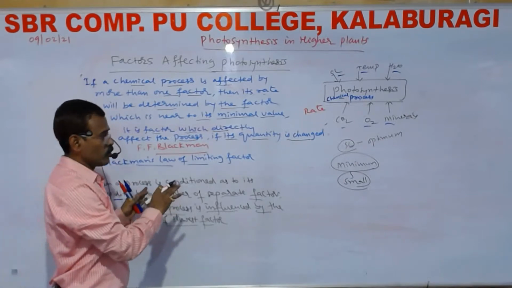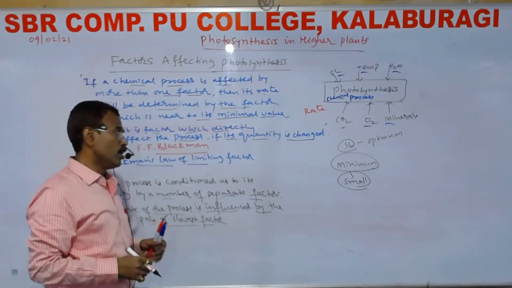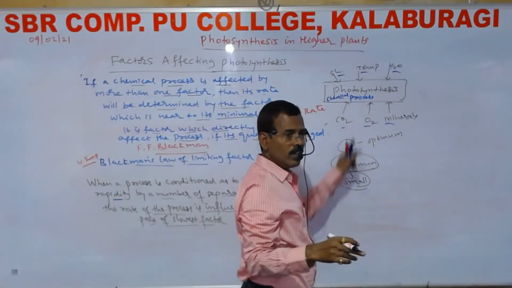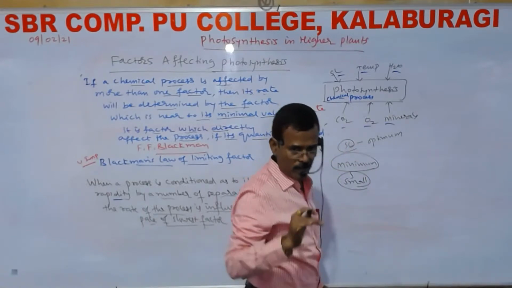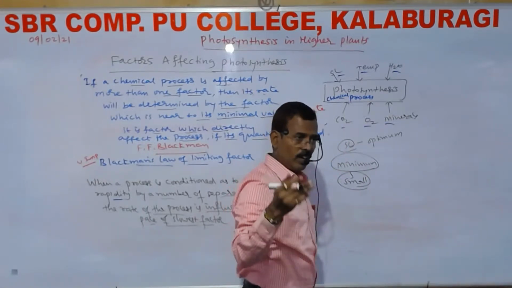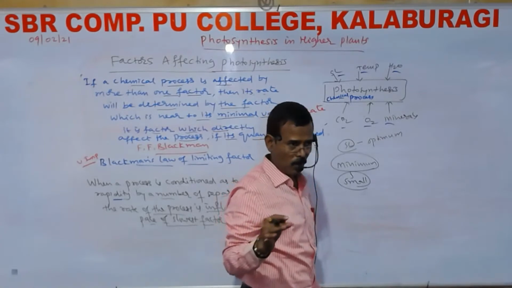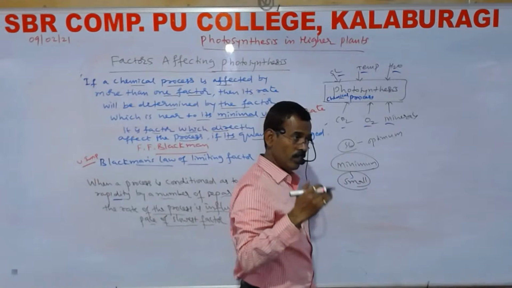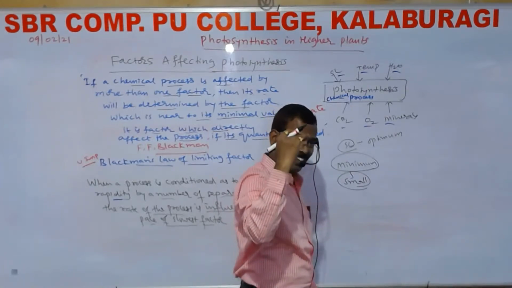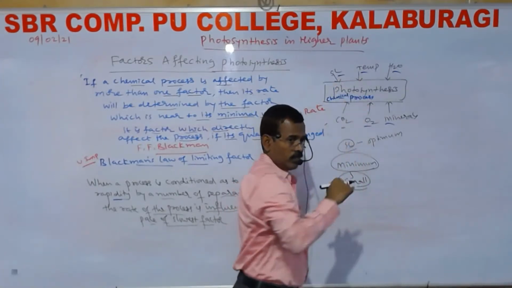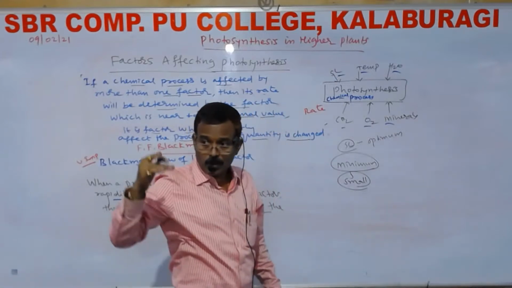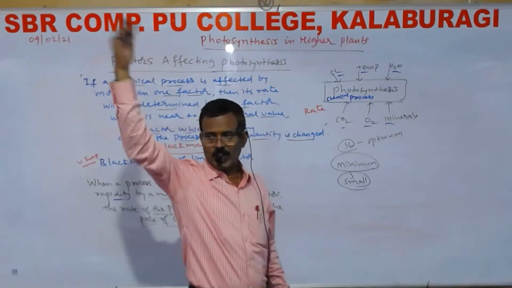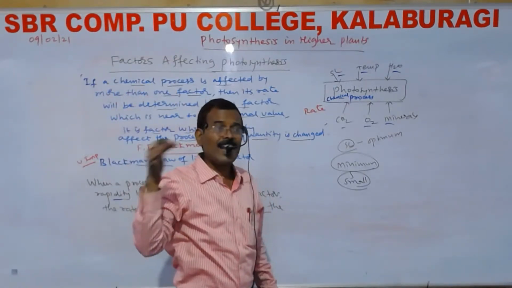So it is very important to remember this. Whenever all factors are available in minimum amount, the rate of photosynthesis will be minimum. When these factors are available to the plant in optimum amount, it is the normal rate of photosynthesis. If you go on increasing the factors available to the plant up to a certain limit, photosynthesis will definitely increase.